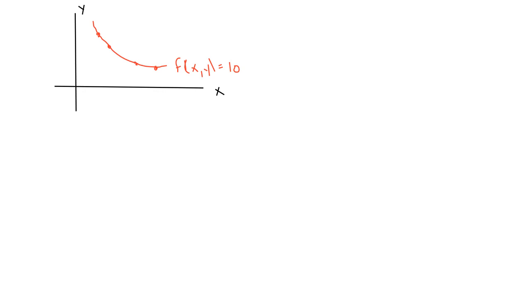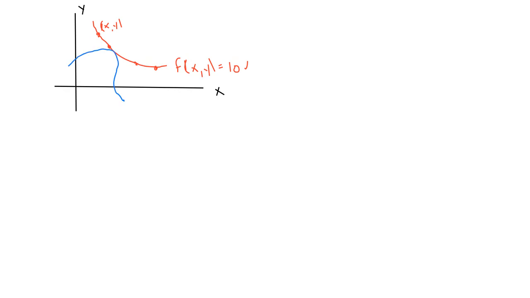Okay, so all of these x, y coordinates on that level curve, well, the function evaluated at all those coordinates equals 10. Now, this constraint curve comes over here like this, right?